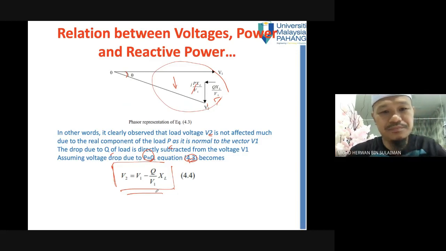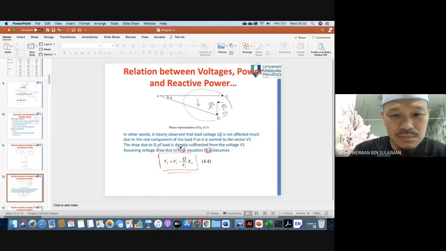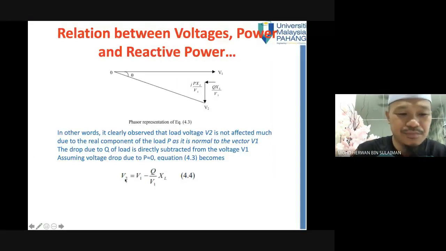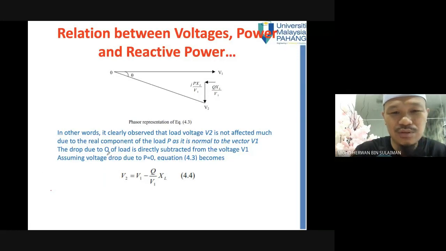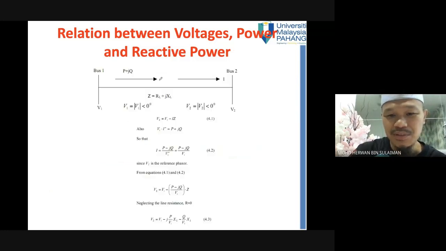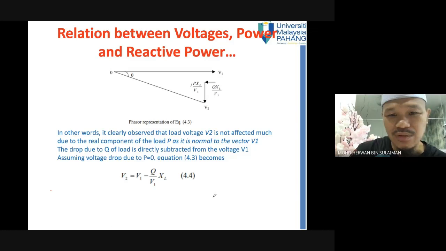When we learn about the transmission line, we must also know the phasor diagram. This is the phasor diagram represented by this equation. V1 is your reference.